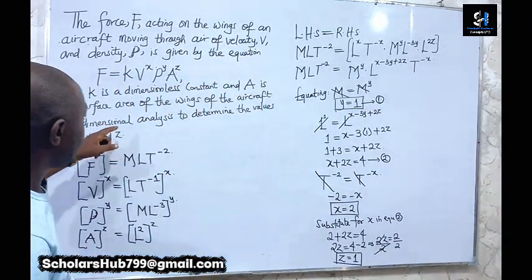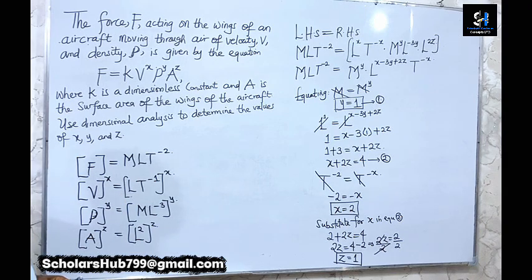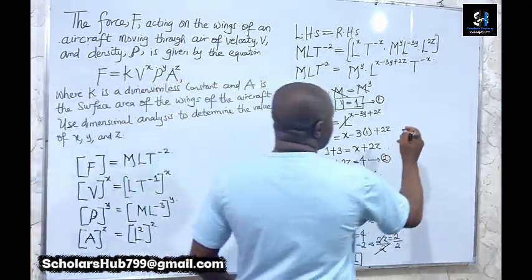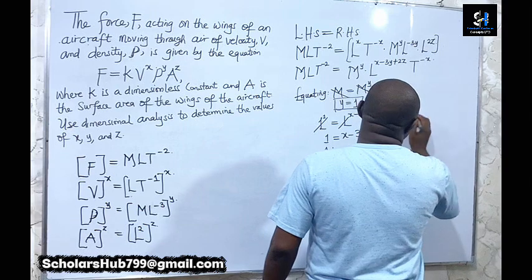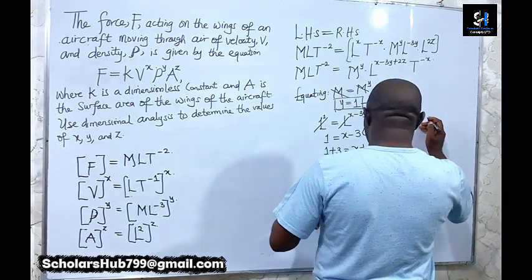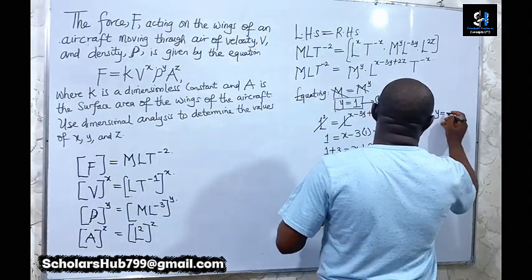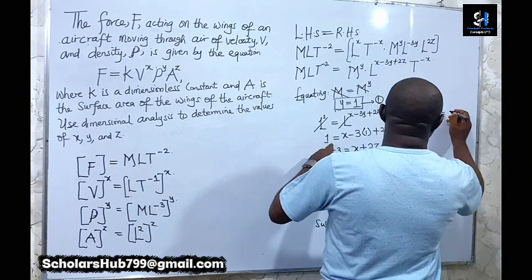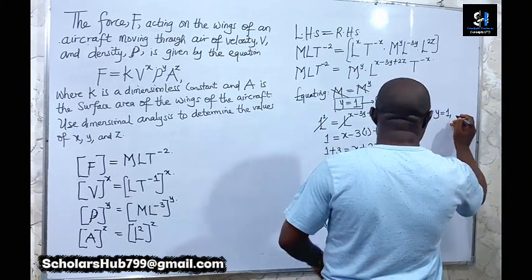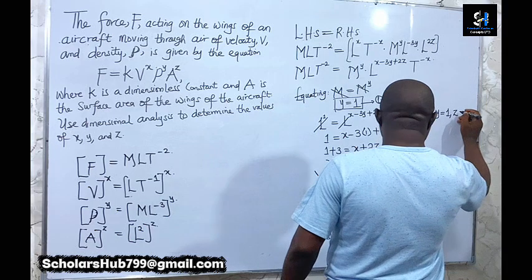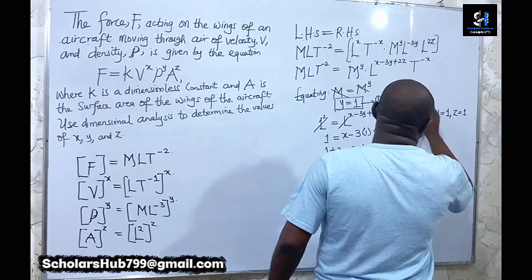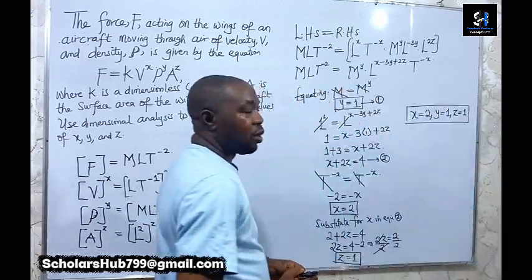Remember, we were asked to determine the values of x, y, and z. So x equals 2, y equals 1, and z equals 1. These are the values of x, y, and z.